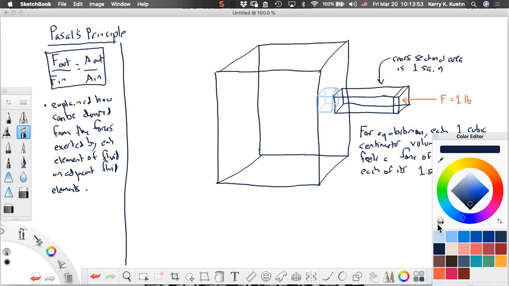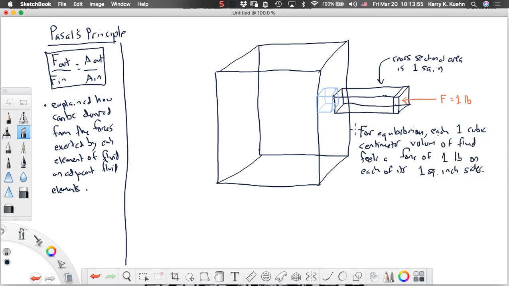Now, you also have to keep in mind that each 1 cubic centimeter volume of fluid exerts a 1 pound force on whatever is adjacent to it, or whatever is next to it.